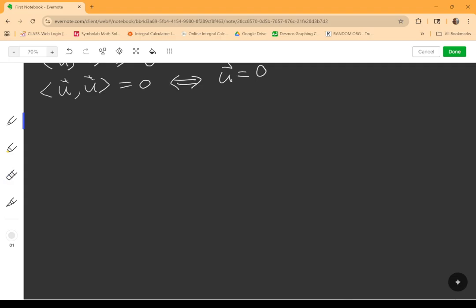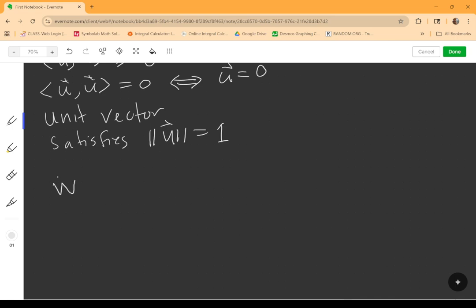A unit vector satisfies that the norm of u is 1, or the length is 1. Now if the norm is not 1, I can redefine it in such a way that we have w equal to that vector u divided by its norm.